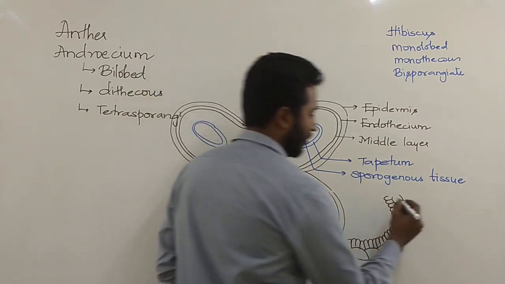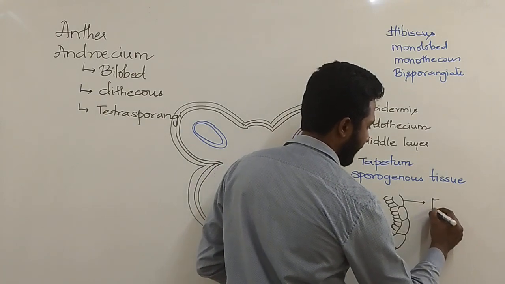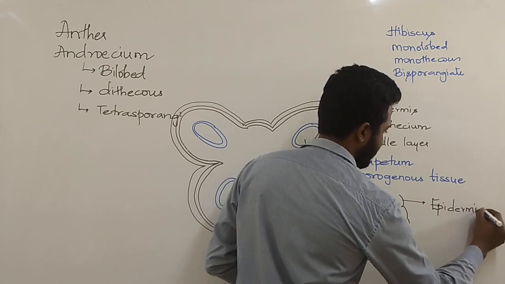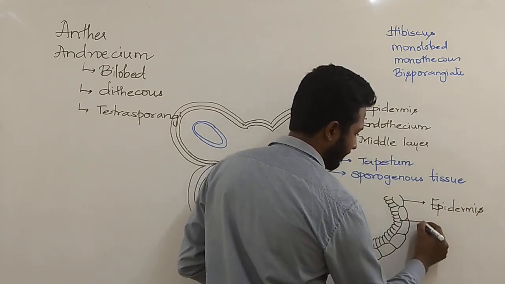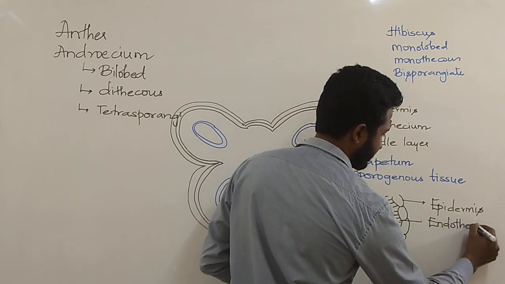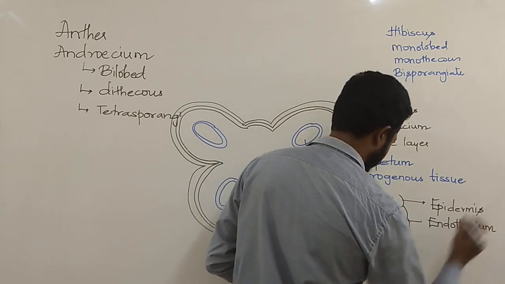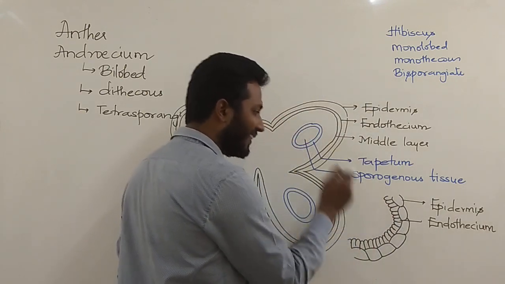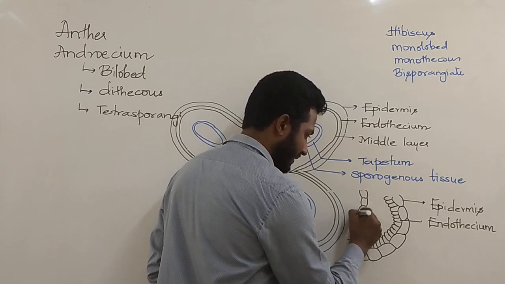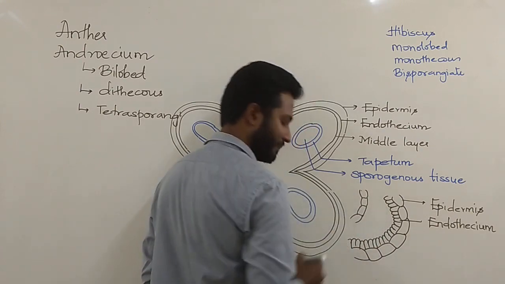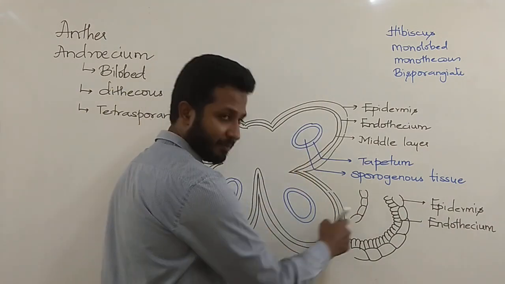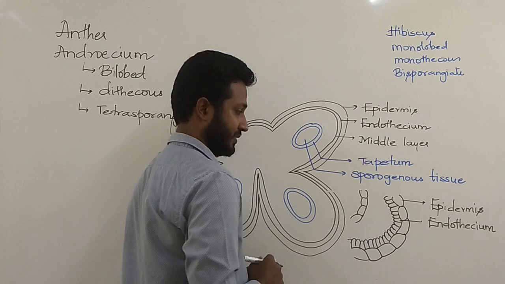Now, the outermost wall layer is known as what? Epidermis. Within the epidermis, we have the endothecium. Now, before I draw the middle layer, I would like to draw one more rectangular shaped cell layer called the tapetum. The one I have represented as a blue layer here is the tapetum, which again has rectangular shaped cells.